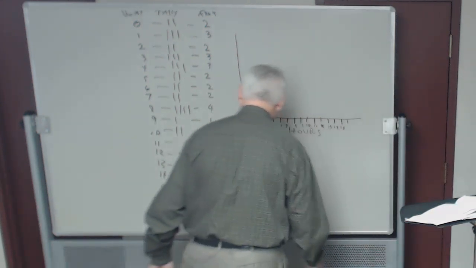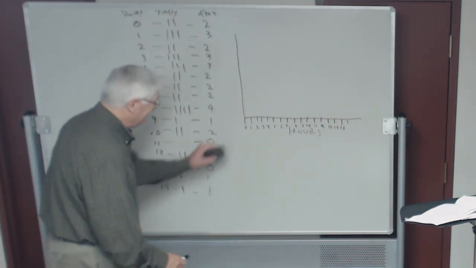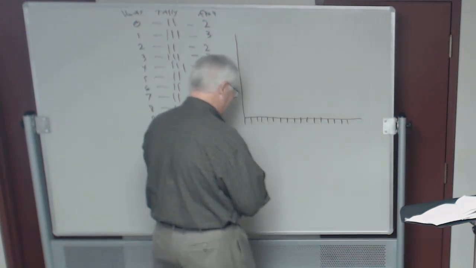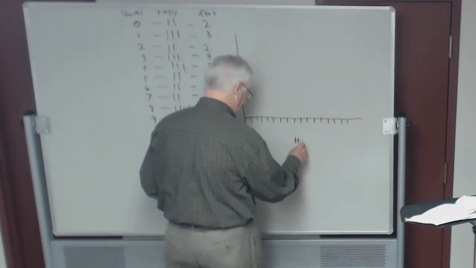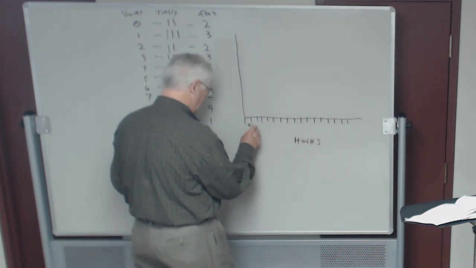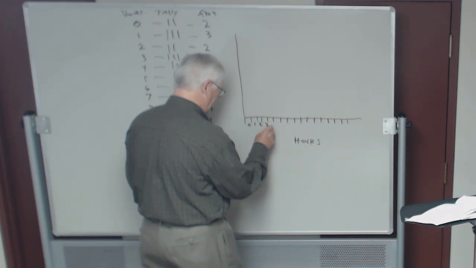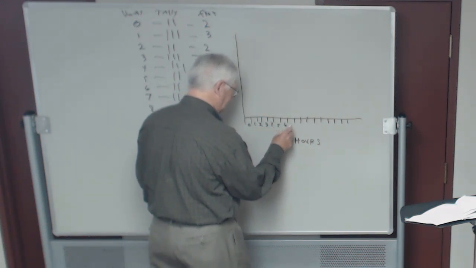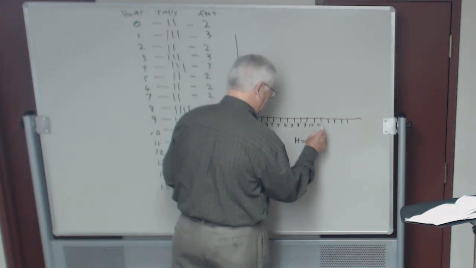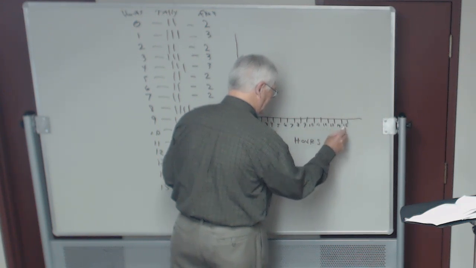Let me erase this here for a minute. Now that we're making a histogram, hours, and this is 0, 1, 2, 3, 4, 5, 6, 7, 8, 9, 10, 11, 12, 13, 14, 15.